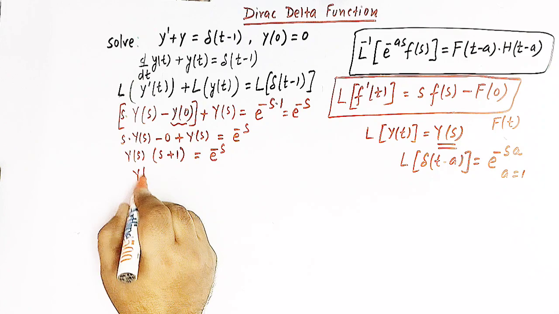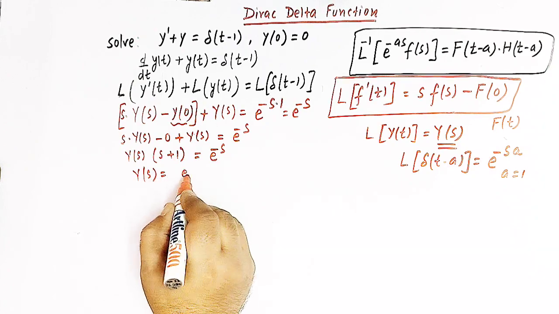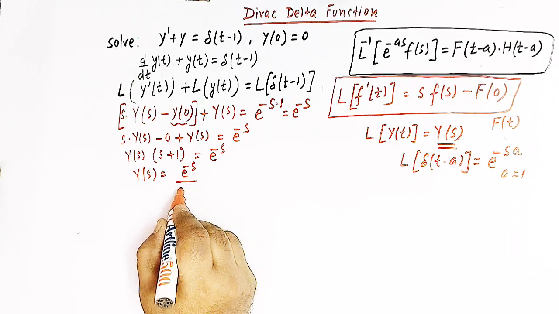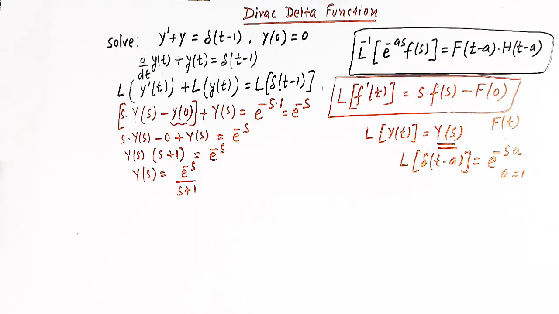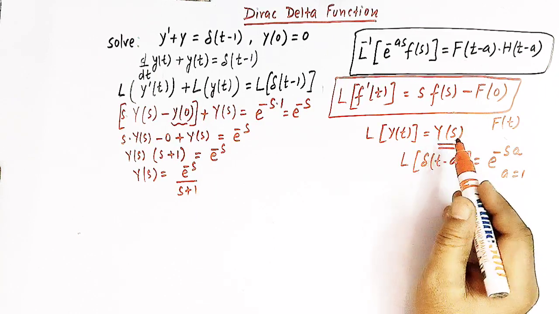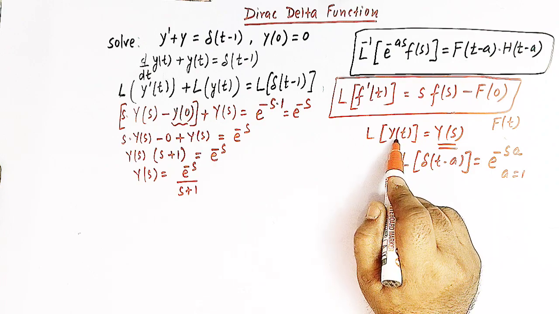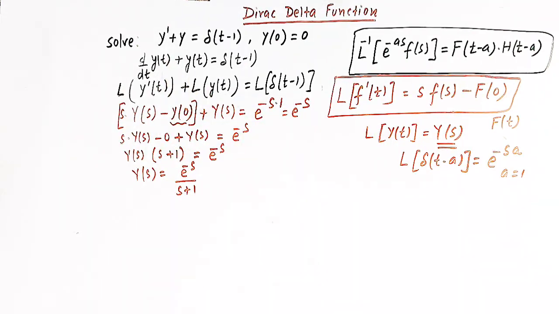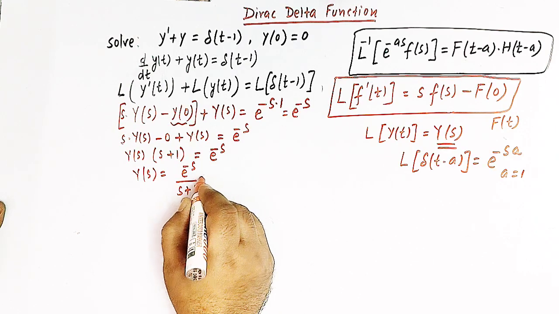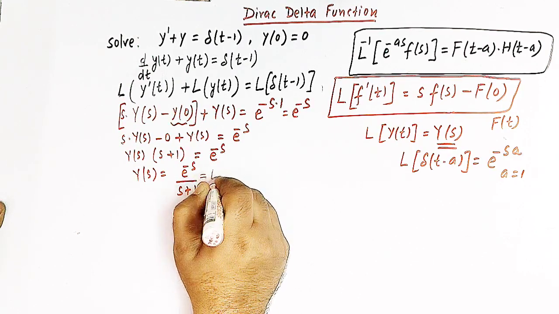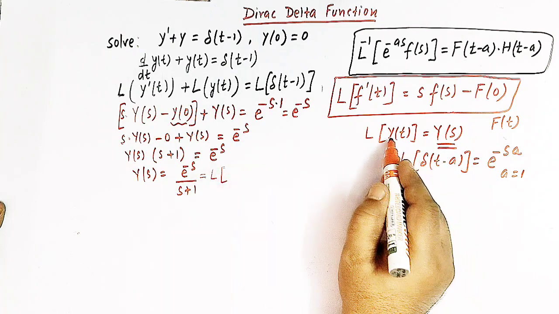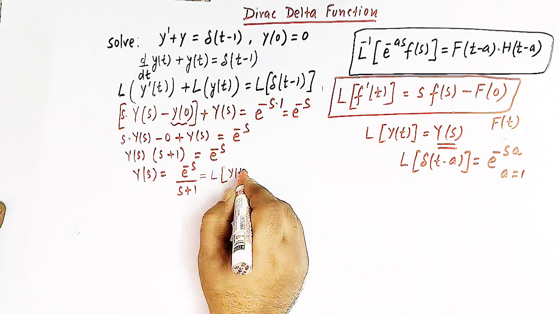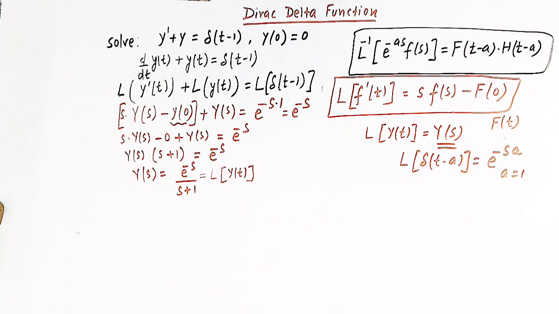So we can now write Y of s is equal to e raised to minus s over s plus 1. And remember, Y of s is the Laplace transform of the function y of t. So now we can also write the Laplace transform of the function y of t.